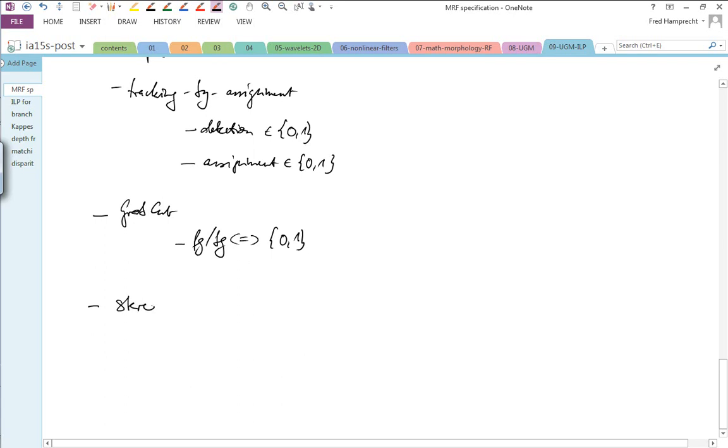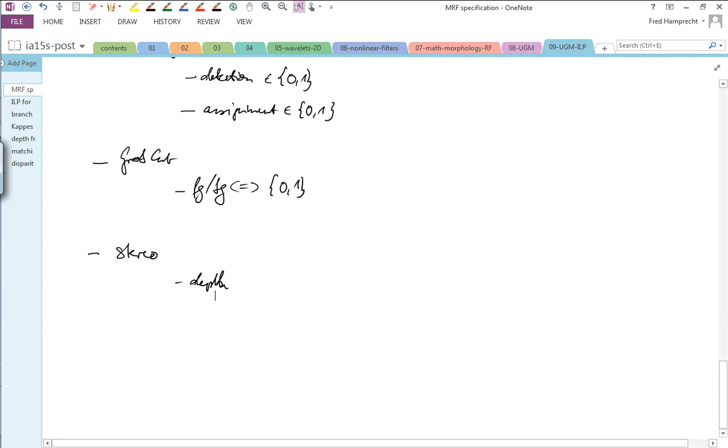In stereo, I have to make a choice whether to encode the depth as a discrete or as a continuous random variable, and depending on what choice you make, it will take you down one or another avenue of image processing research.